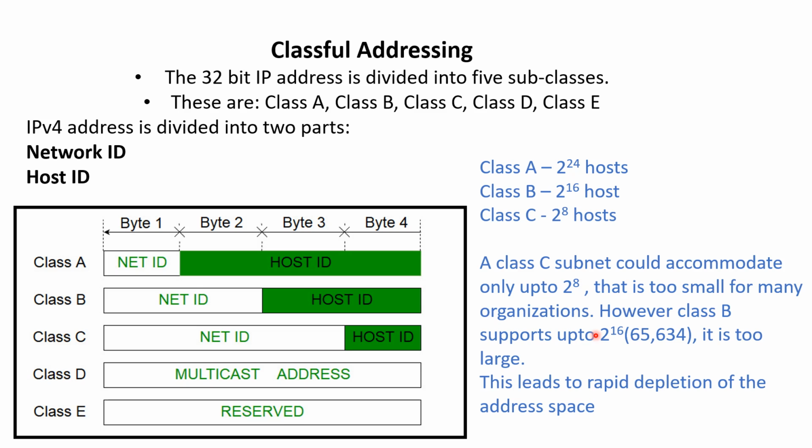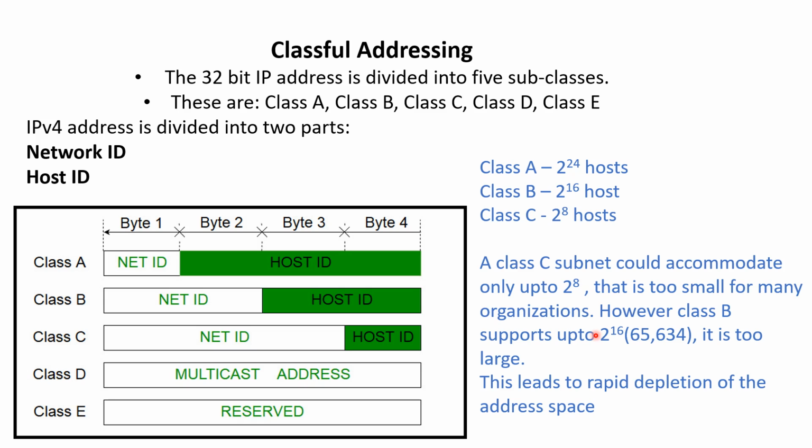This can be eliminated in CIDR, where we can choose the number of bits used for representing the subnet part. So a varying number of host devices, in powers of 2, can be represented. That is the advantage of CIDR over classful IP addressing.